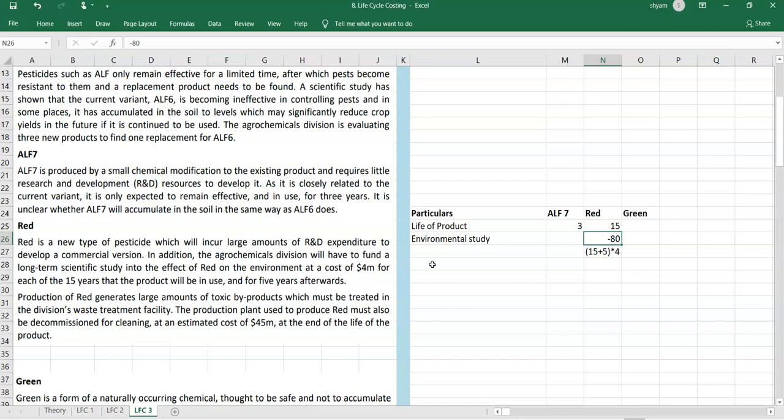And there is also going to be something called a decommissioning cost. Decommissioning cost means closing the factory, so that is going to be 45.